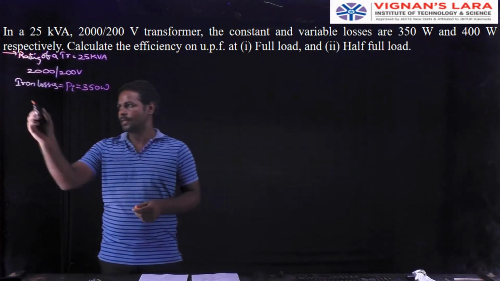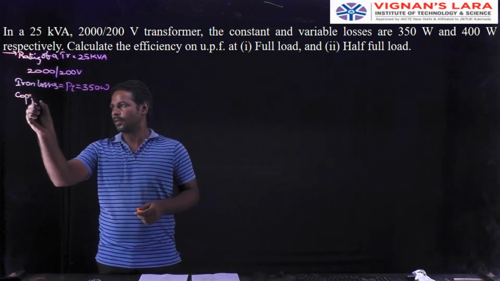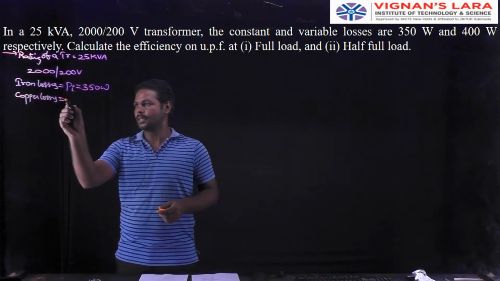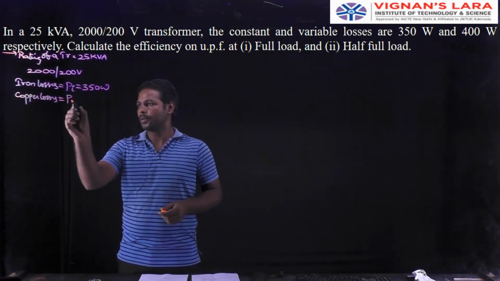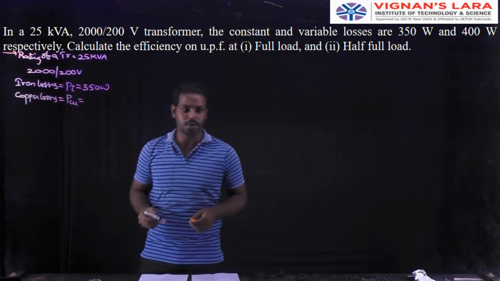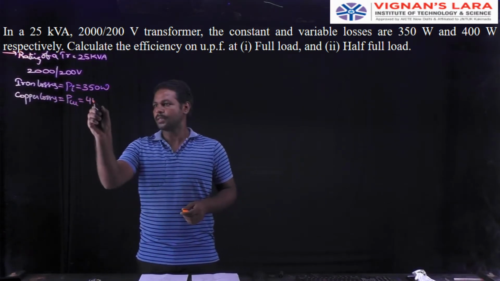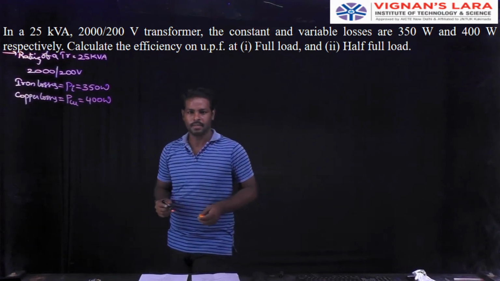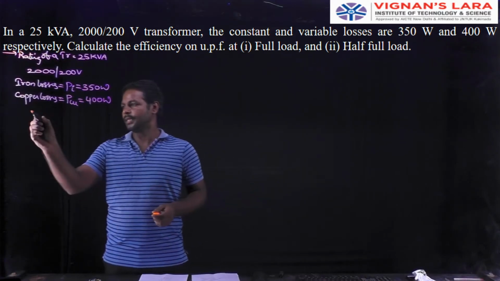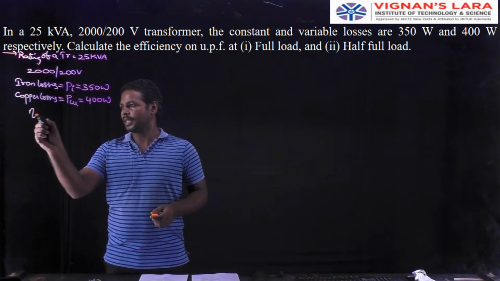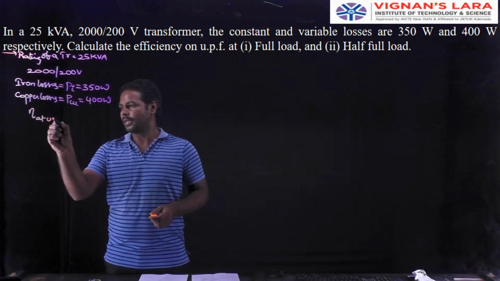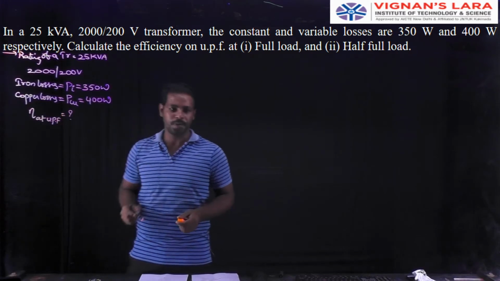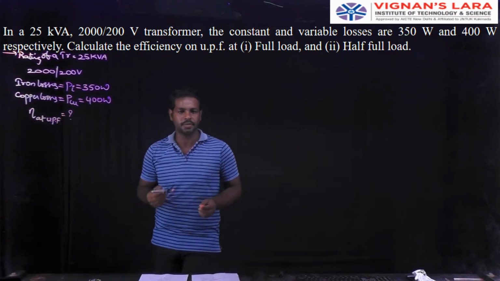Variable losses, that means copper losses, PCU is equal to 400 watts. Calculate the efficiency at UPF.